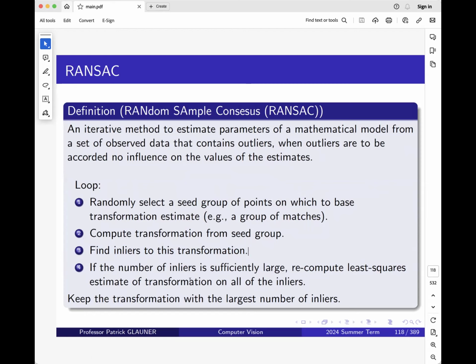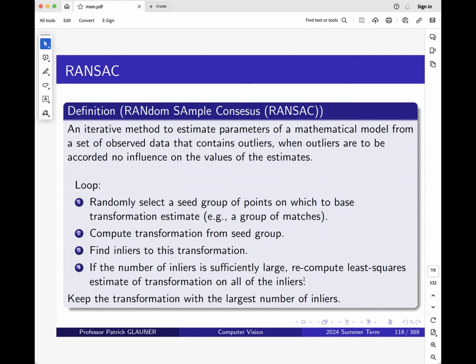And this is something I would call voting, because I would vote how many of these inliers fit in. And then I would check if the number of inliers is sufficiently large, depending on some threshold I would define. And if it's not the case, I would redo the whole thing with a different seed group.